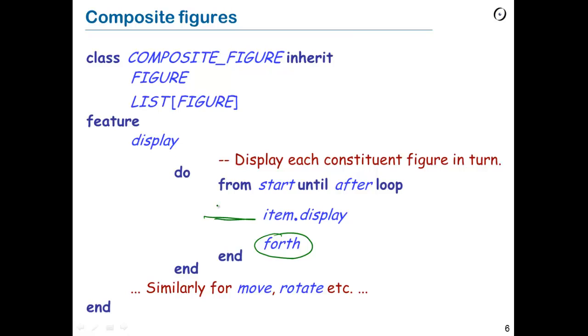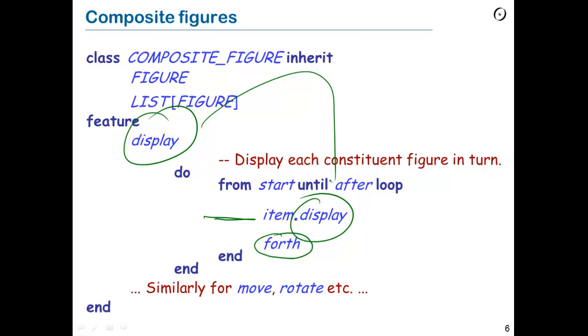Are we using display in the body of display? Yes, well, it's not necessarily recursion. It could be recursion if we have some elements in the list that are themselves composite figures, but in general it is not the same display. Display, remember, is a feature that is available for all figures, composite or not.